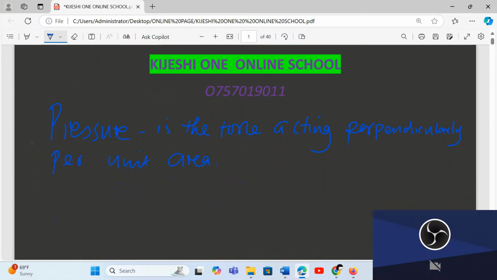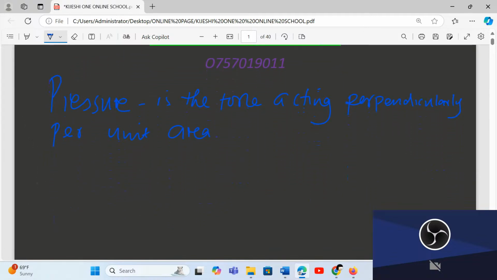The SI unit for pressure is Newton per meter squared. SI unit: Newton per square meter.